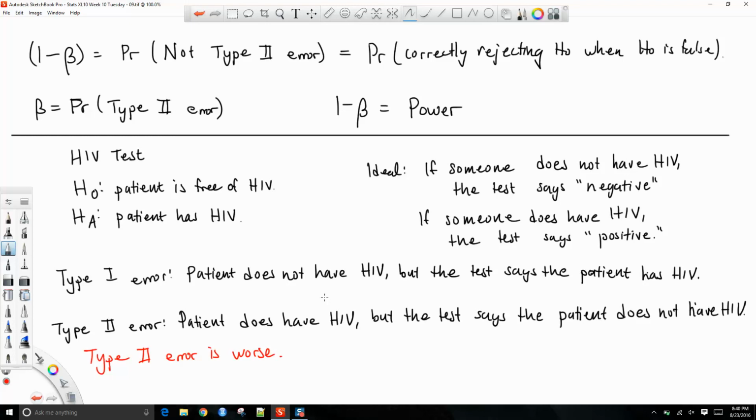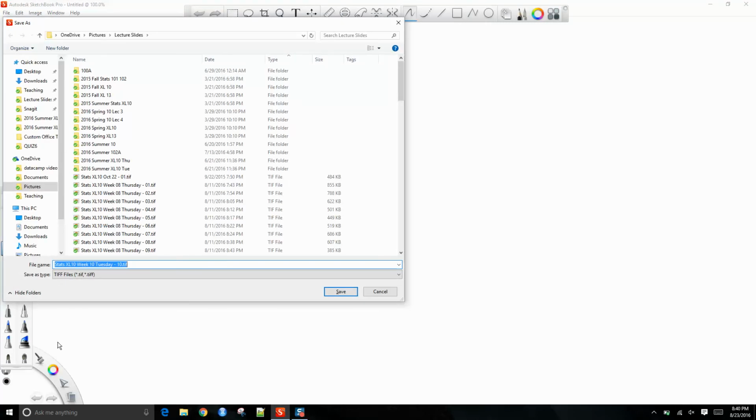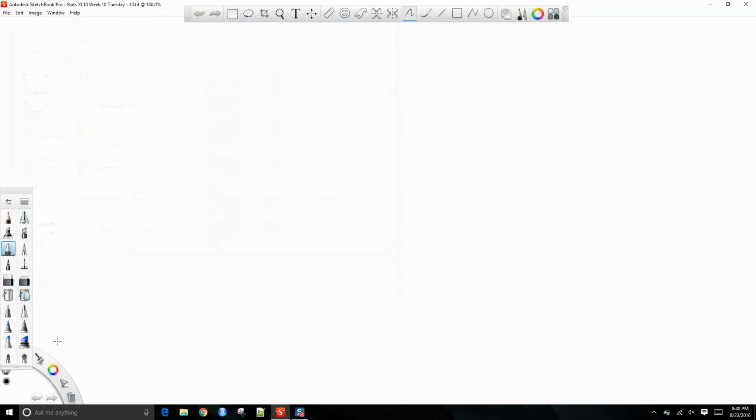But the flip side is if you have alpha set too high, people treat WebMD almost like the boy who cried wolf, right? They make memes and jokes about how WebMD always says it's cancer, but that's because type 2 error would be worse in that scenario.